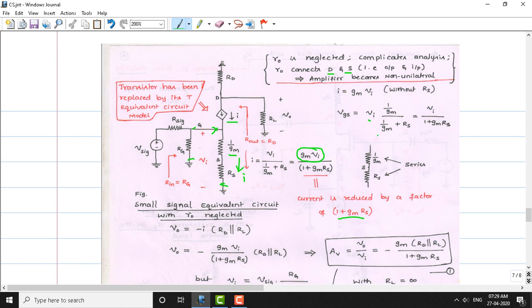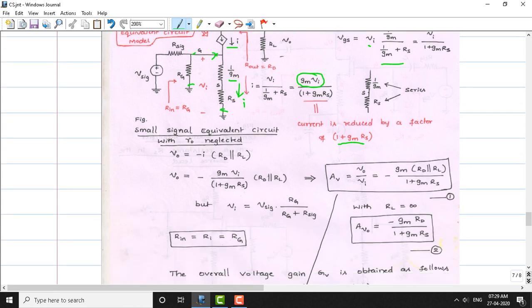This is the voltage division rule which we can apply here, and that gives me the VGS. On simplification, VGS becomes VI divided by 1 plus Gm into Rs. So again, the gate source voltage is also reduced by a factor of 1 plus Gm into Rs compared to Vi applied between the gate and the source. Without Rs, we know that I is equal to Gm times Vi. With Rs, we already know I equals Gm into Vi divided by 1 plus Gm into Rs.